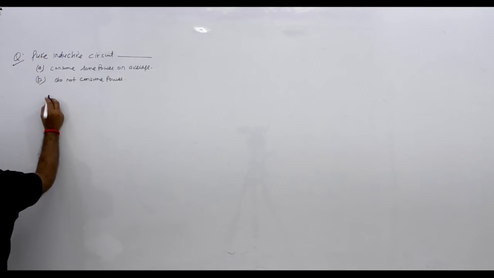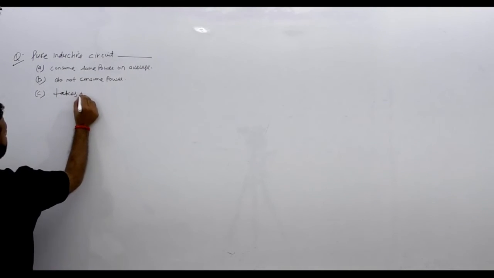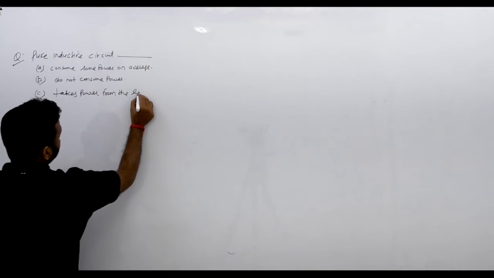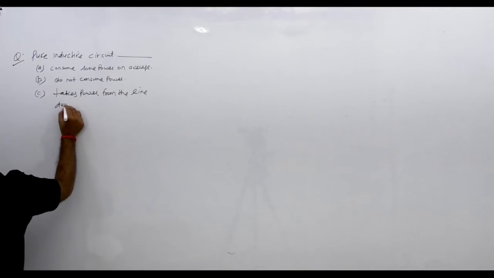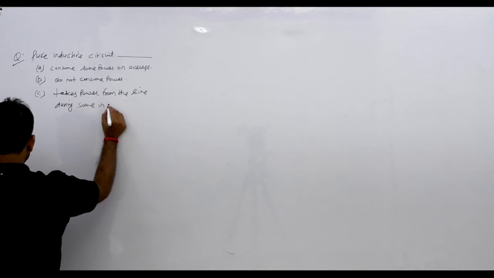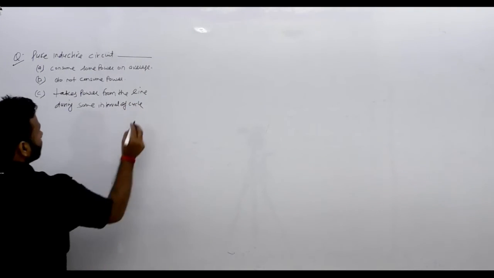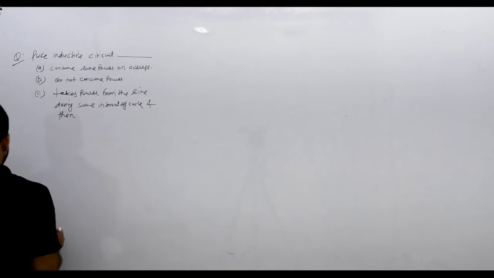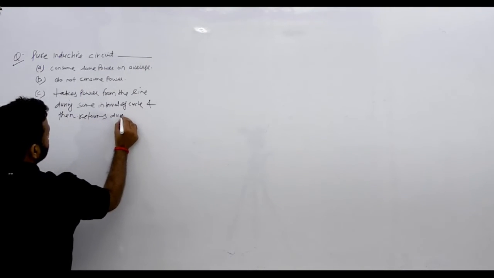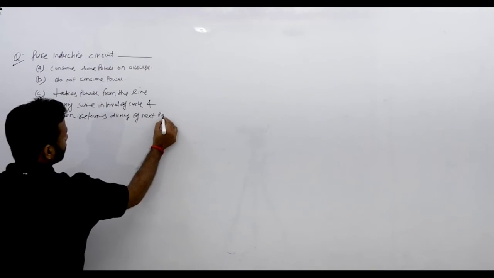Then C option जो है हमारा क्या है देखते हैं. takes power from the line during some interval of cycle, and then returns during the next part of cycle.